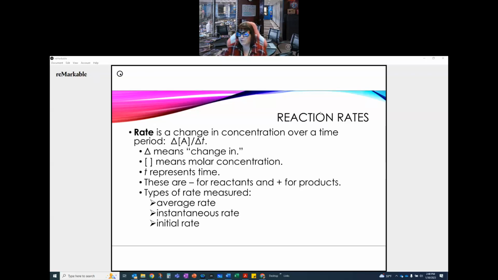And there are a number of different types of rates that I can measure. And we may get asked for some or all of these depending on what we're doing. Now, an average rate is the rate of change over a fixed time period. So any particular period of time, but it's a change that happens over that time period. An instantaneous rate is measured as the slope of the line at that particular time point, and I'll show you this in a few minutes.